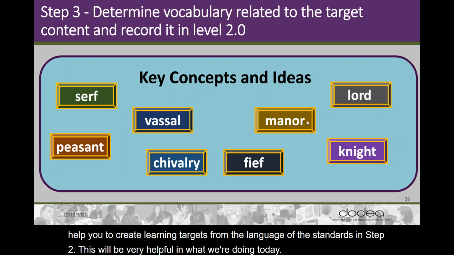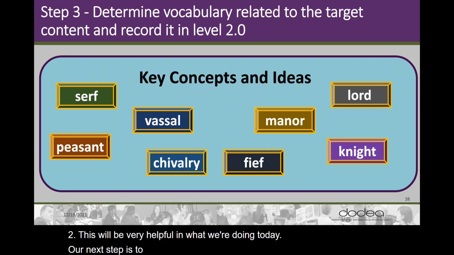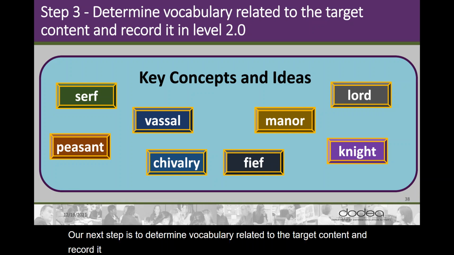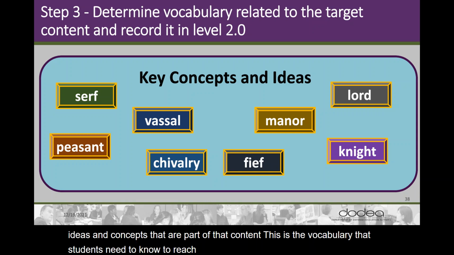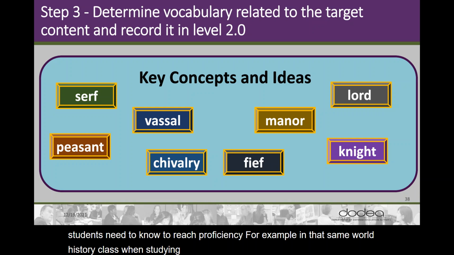Our next step is to determine vocabulary related to the target content and record it in level 2. Before mastering the content, students must know the key ideas and concepts that are part of that content. This is the vocabulary that students need to know to reach proficiency. For example, in that same world history class, when studying feudal Western Europe, some of the key vocabulary terms are these.